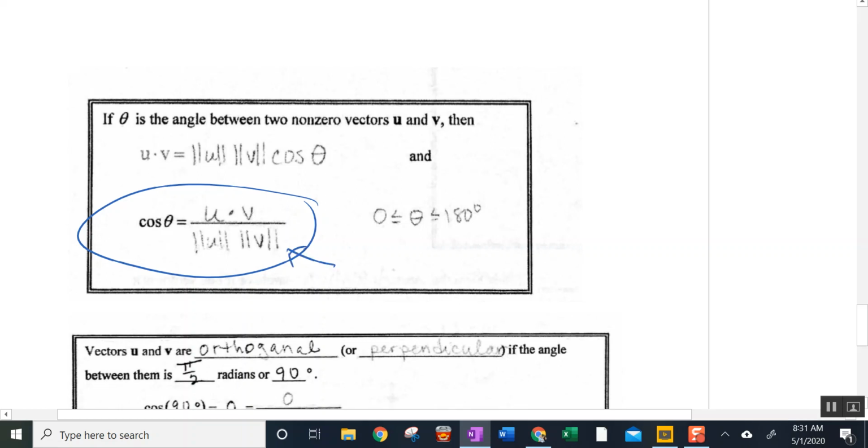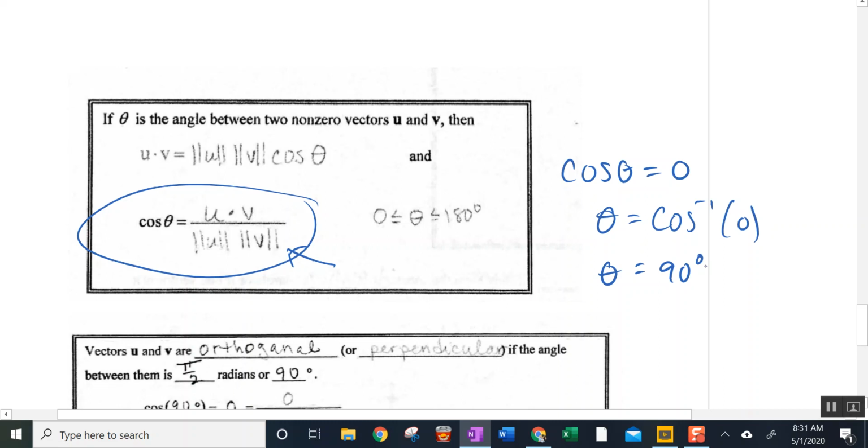Again, this is the notation for the magnitude. But if you think about what this means, if cosine theta equals 0, theta would be equal to the inverse cosine of 0, or 90 degrees, or pi over 2.